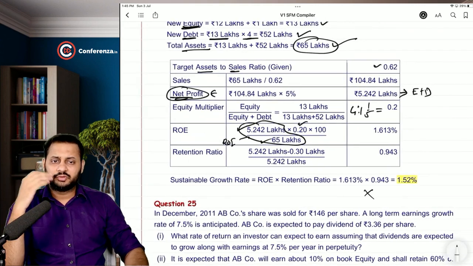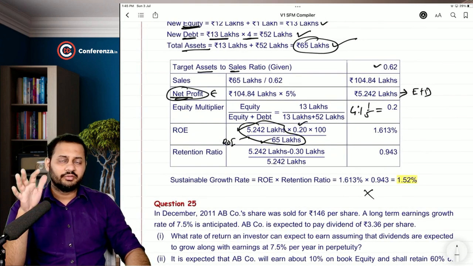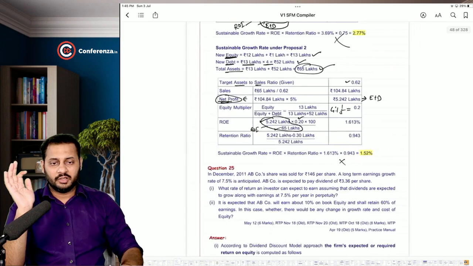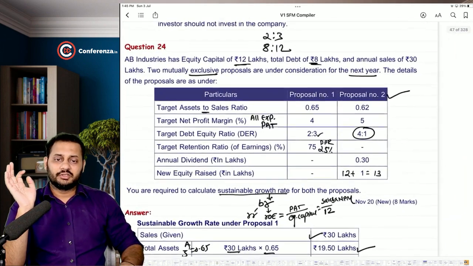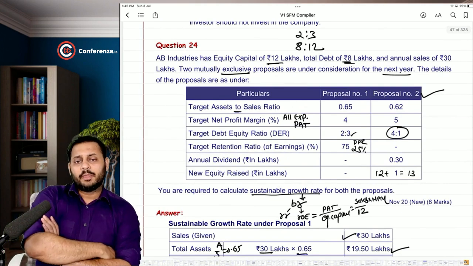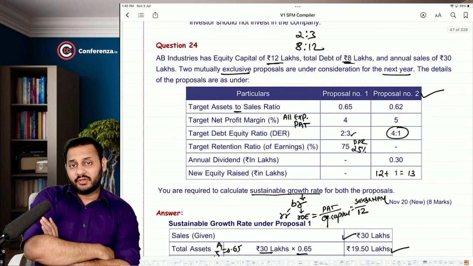So conceptually, if you think, there are many ambiguities in this question. My advice to you is, whenever such a question comes in the exam, it was there in November 24, 8 marks, you do whatever you think fit and right according to concepts.